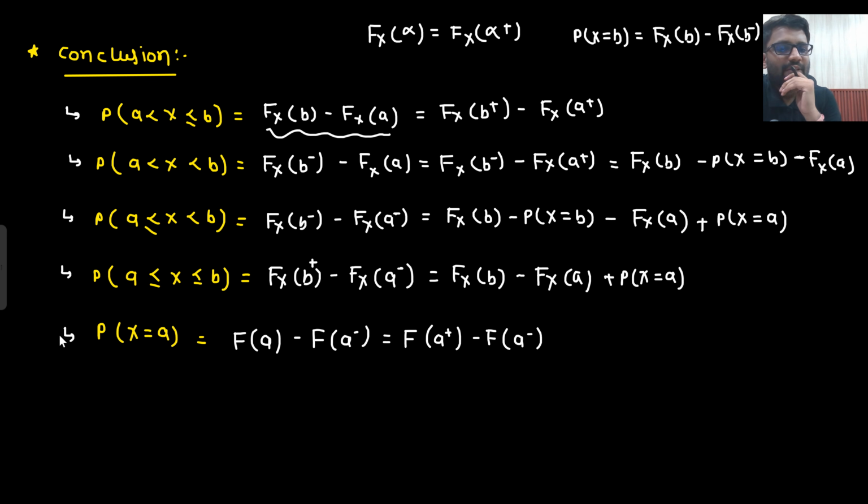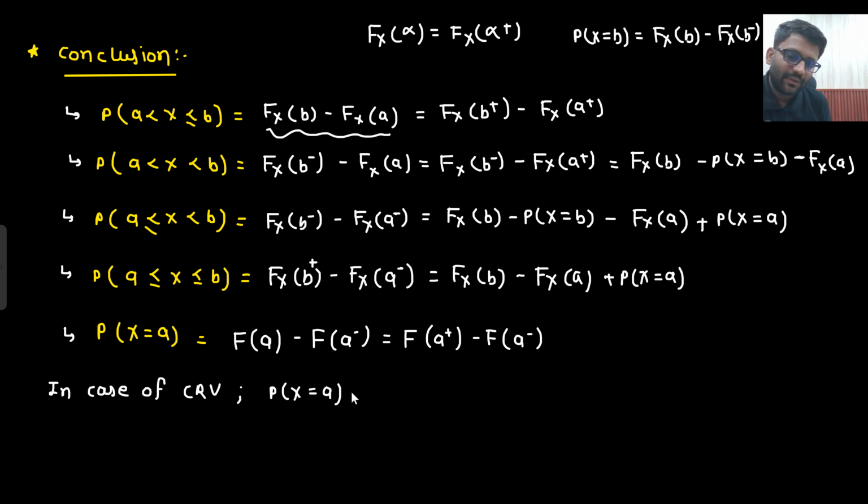Now you know one thing. What do you know? In case of continuous random variable, probability at a point would be equals to 0. Px of a is equals to 0. So you just let me know this particular thing.